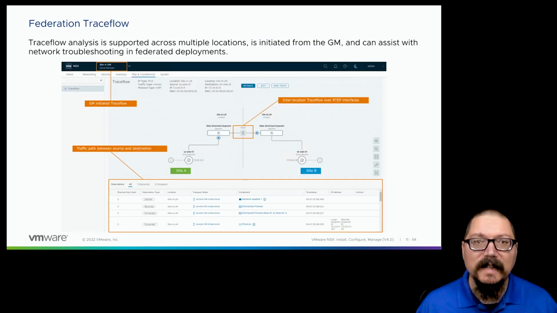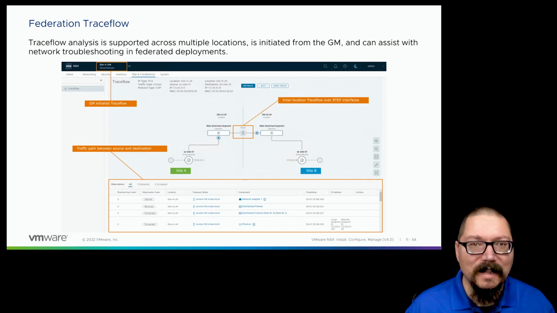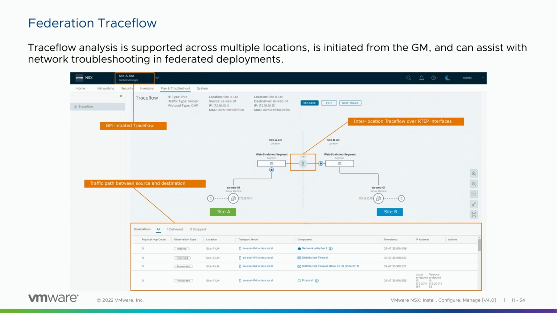Something else really neat with Federation now in NSX 4 is the fact that we have introduced TraceFlow to Global Manager, meaning that now we can actually trace a packet from one location across our RTEPs into another location, giving us an absolutely amazing level of visibility for traffic from location to location across our overlay networks.